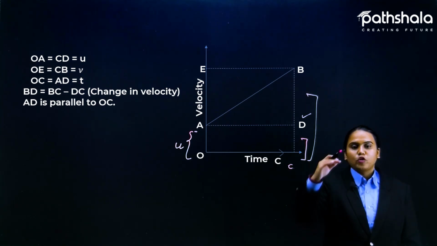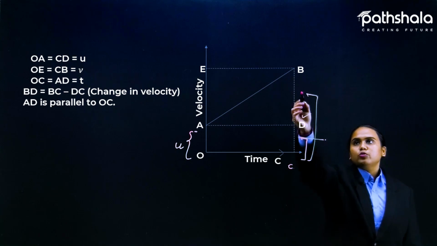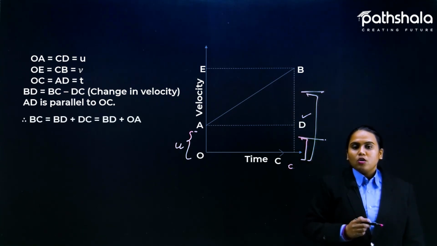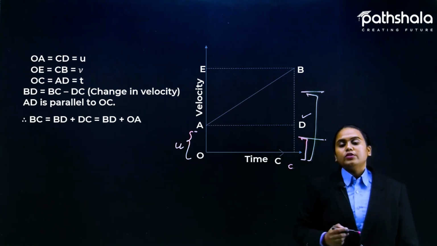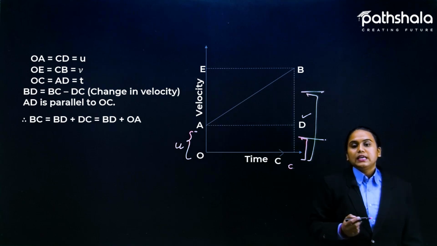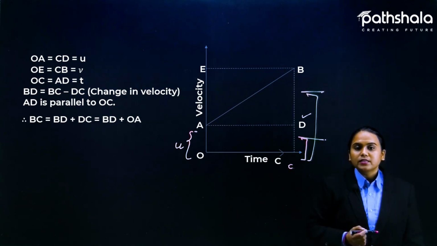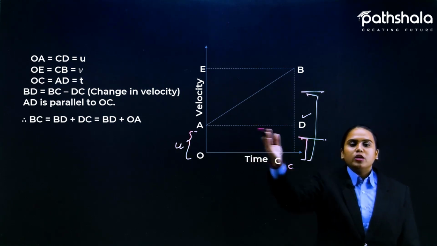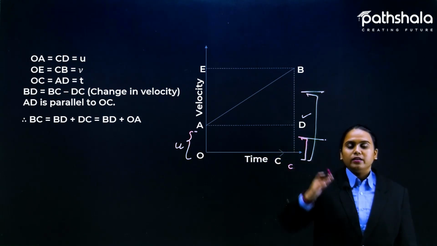This is the initial position and that is the final position, so here is the change part also. Therefore we can say that BC is equal to BD plus DC, which is equal to BD plus OA. In place of DC we are putting OA because both these lines are parallel.